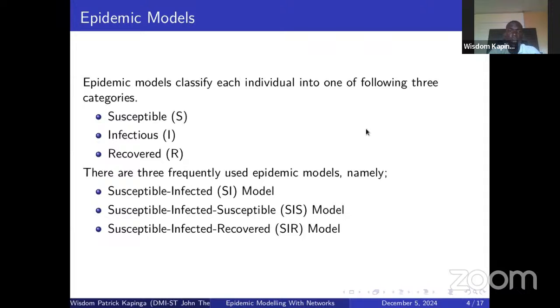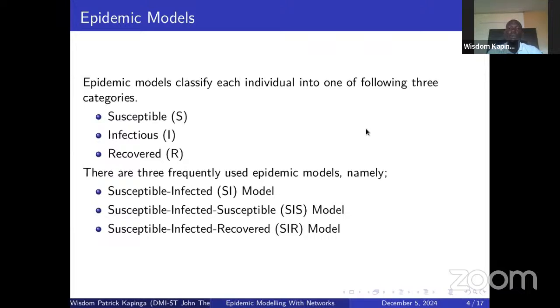Now, when we look at the three frequently used epidemic models, first we have the susceptible-infected model. In this model we just look at how many are susceptible and how many got infected from the whole population. This is the simplest model of all. The other model is susceptible, infected, susceptible, which in short we call the SIS model.